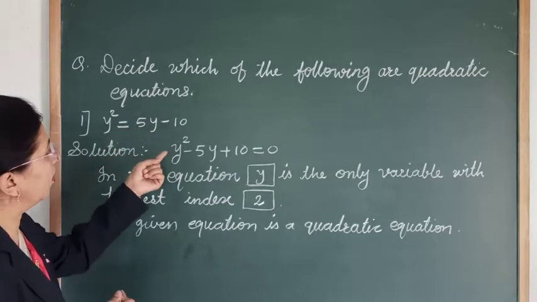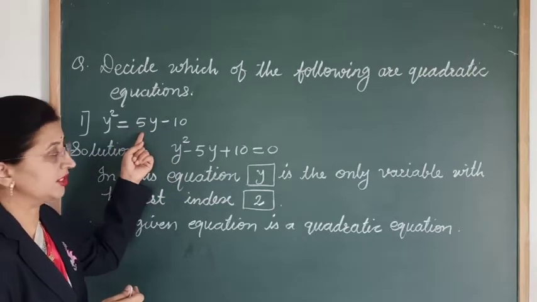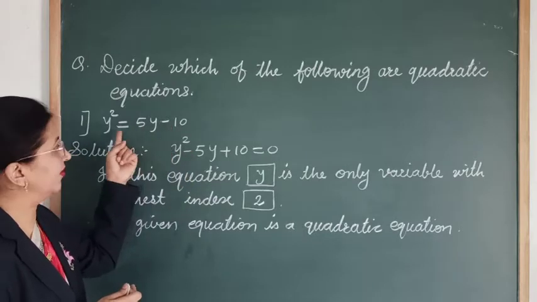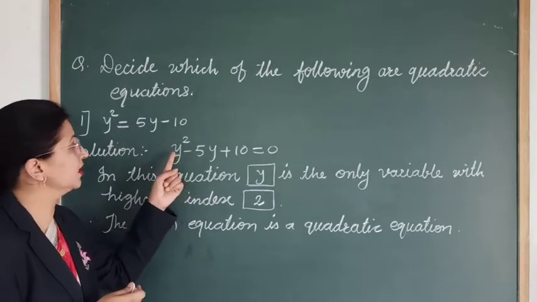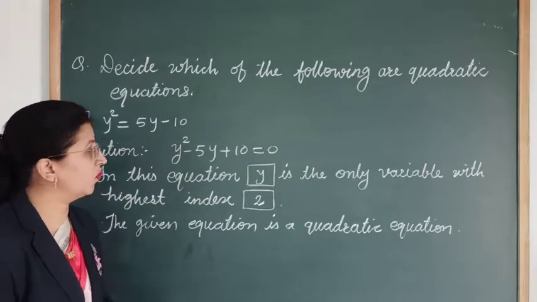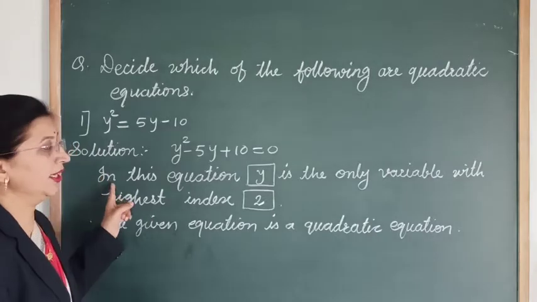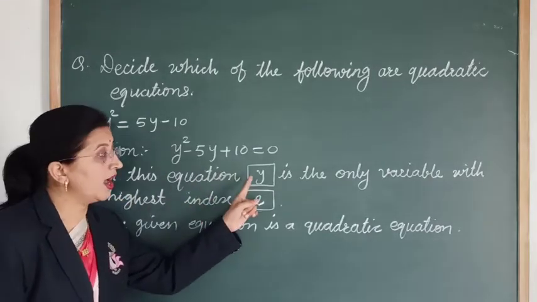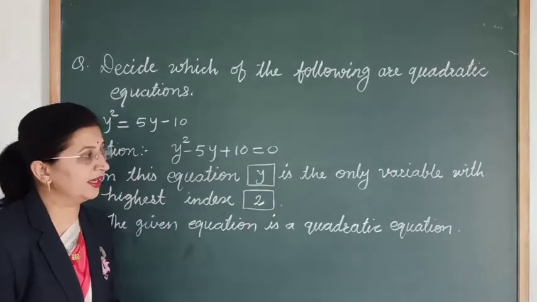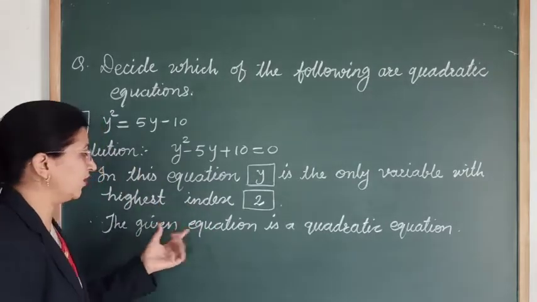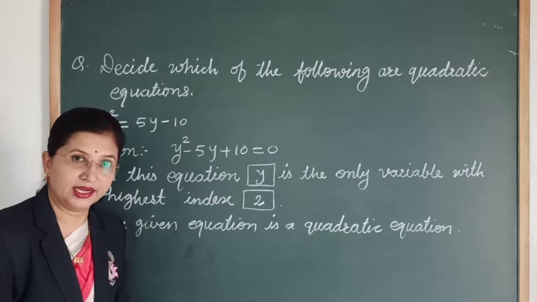So here we get y square, this 5y is positive, it will become negative, this 10 is negative, it will become positive. So our equation is y square minus 5y plus 10 is equal to 0. Okay. Now in this equation y is the only variable with the highest index 2. Therefore the given equation is a quadratic equation.